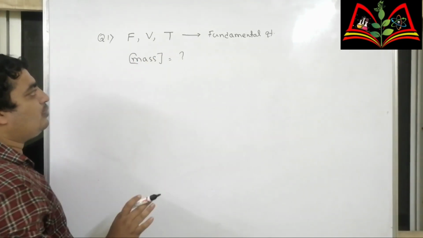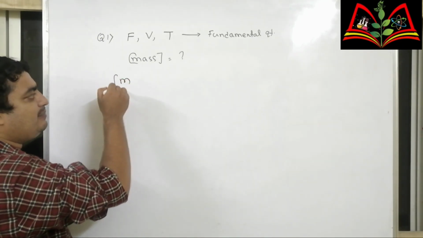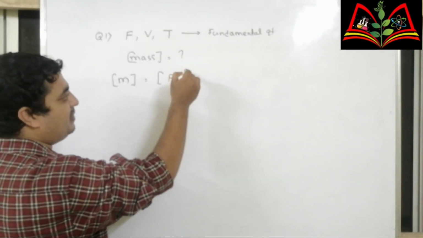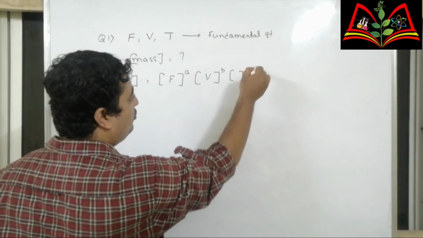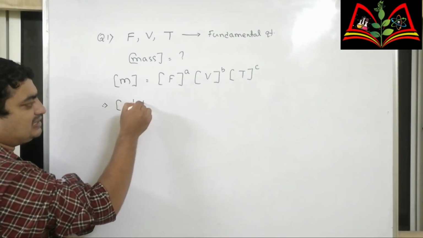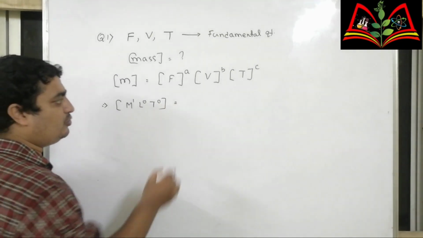If we go for regular methods, then we have to write let dimension of mass be equal to F to the power A, V to the power B, T to the power C. Then actually dimension of mass is m to the power 1, L to the power 0, T to the power 0.